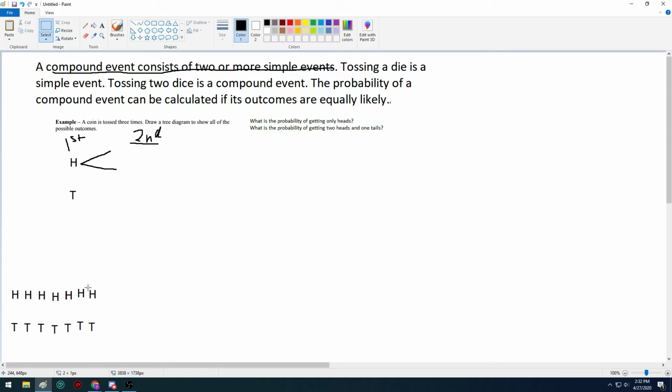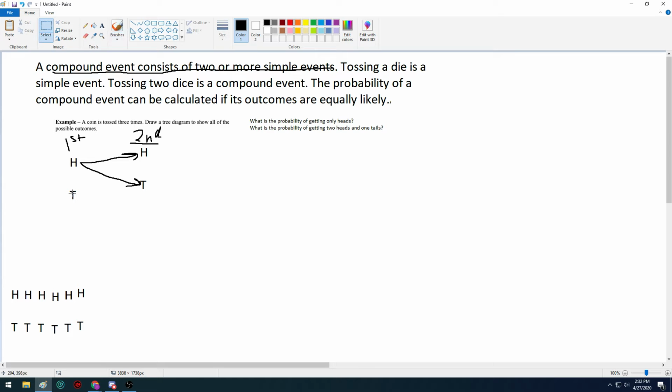Move one of these up. You have a chance of getting heads or you have a chance of getting tails. Let me redo this line. So for this first outcome, after getting heads, we flip the coin again, and we either get another heads or we get a tails.